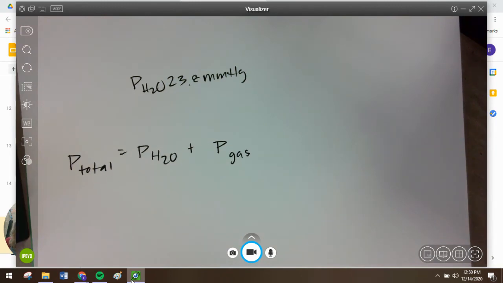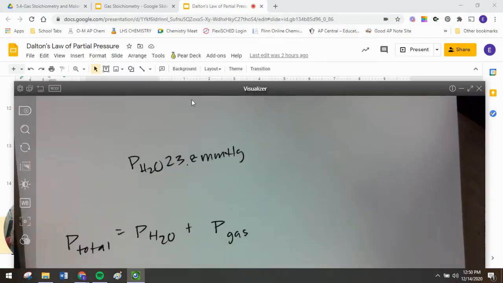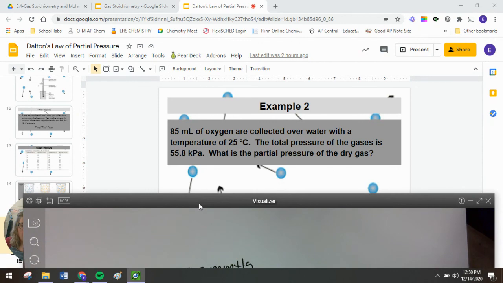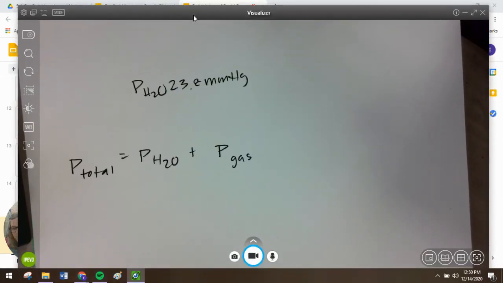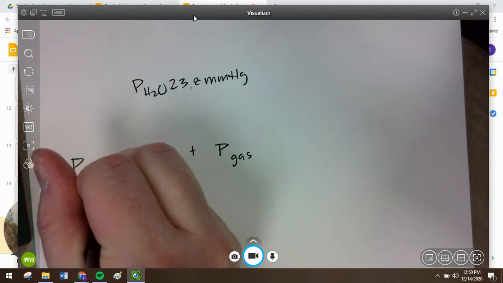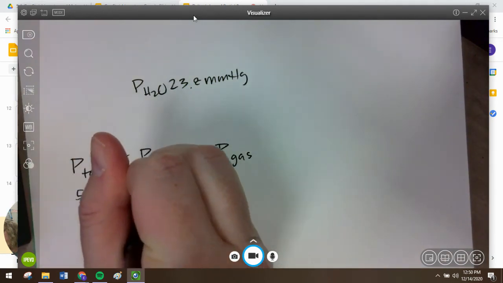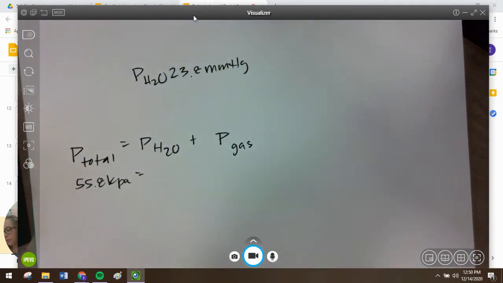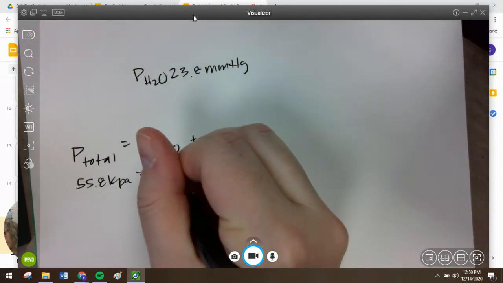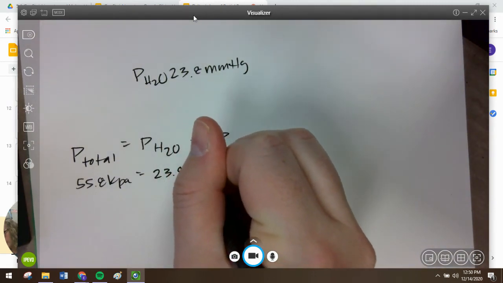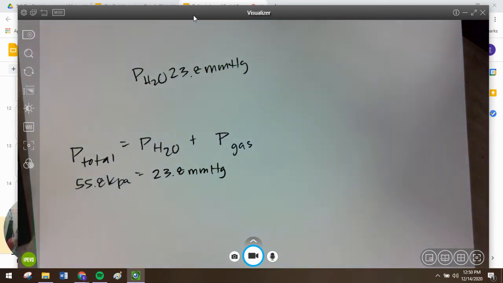In our problem we have oxygen and the total pressure is 55.8 kPa, and we know our vapor pressure is 23.8 millimeters of mercury.